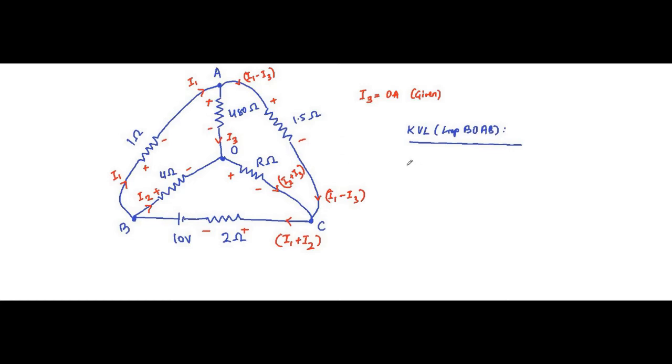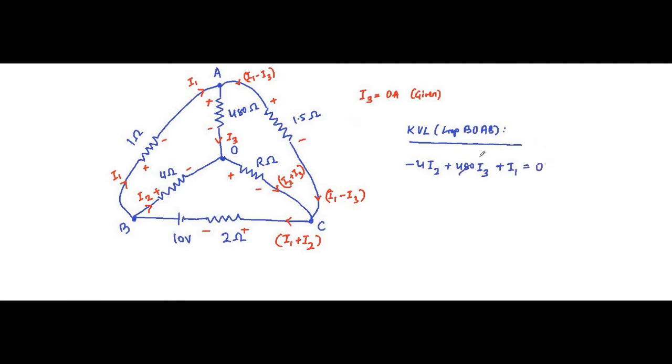So here it is minus 4I2, as we are moving from plus to minus, plus 480I3, as we are moving from minus to plus, plus 1 into I1, as we are moving from minus to plus. I am using the second sign dominating method. That is equal to 0.